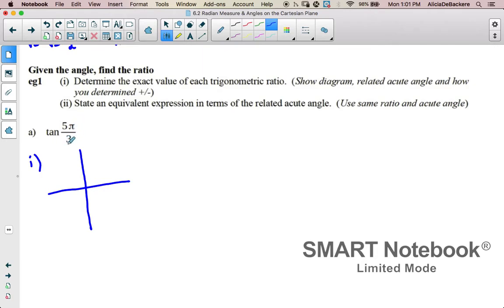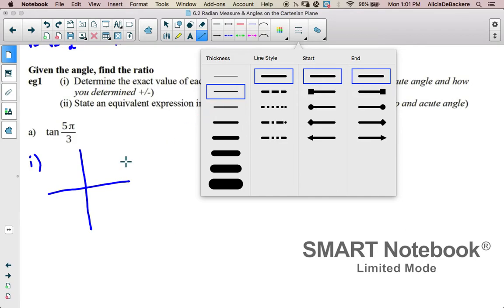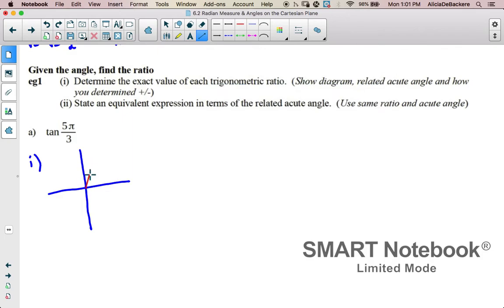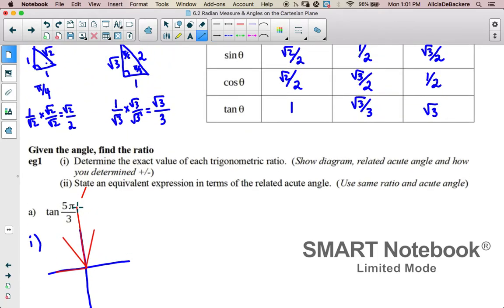So remember that the denominator 3 tells me how many sections to cut this picture into. So I'm just going to thin this out for my picture. It's saying take the top and cut it into 3 wedges. So I'm going to have 1, 2, and I'm not doing a perfect job here. I'm not measuring this with a protractor or anything. Oops, it scrolled on me.